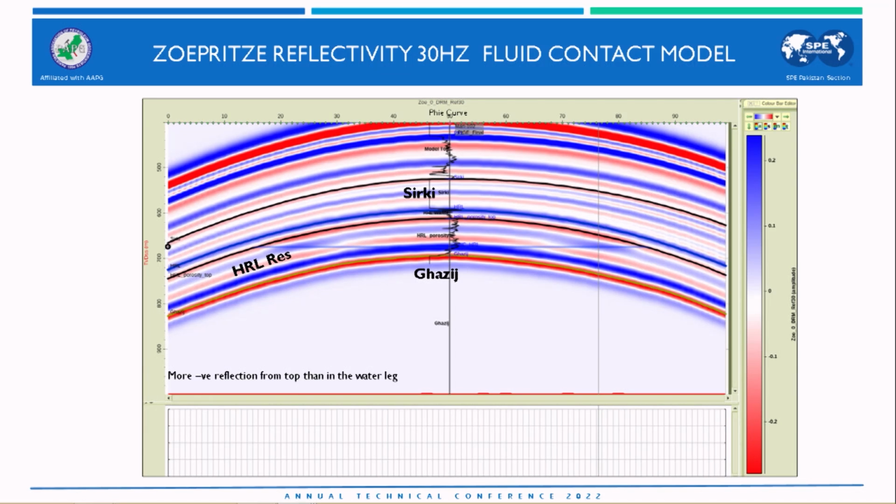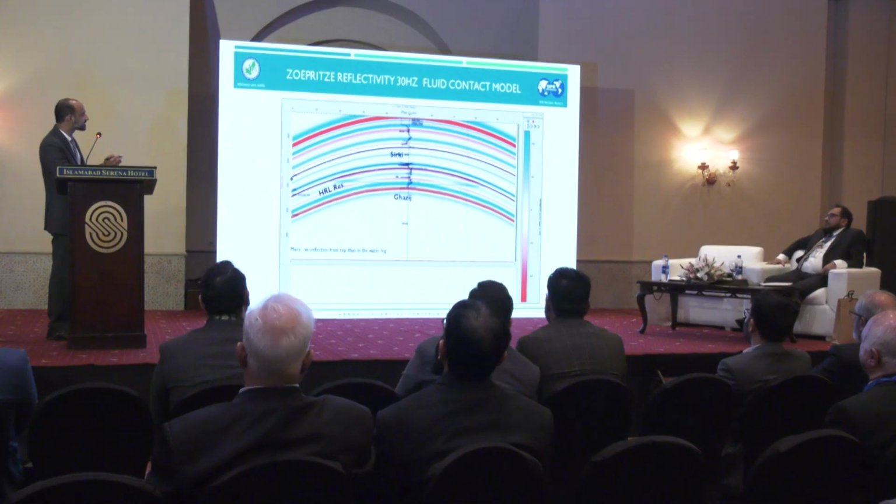This is the synthetic model. We created the synthetic model, and this thin line is showing you a flat surface assumed to be a gas-water contact on the model. So based on that, this is the reflectivity 30 Hertz synthetic model.